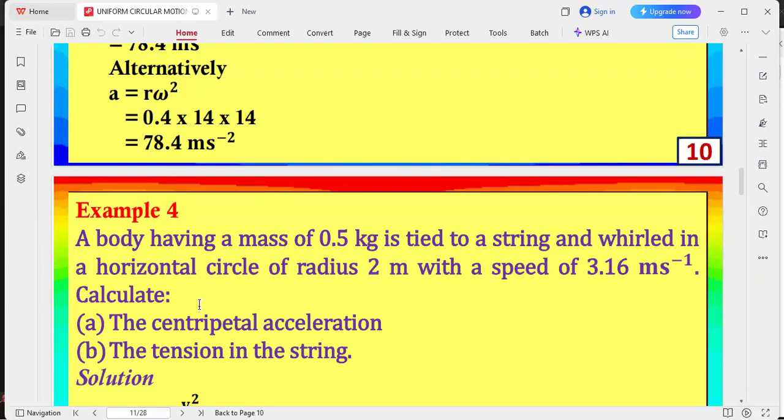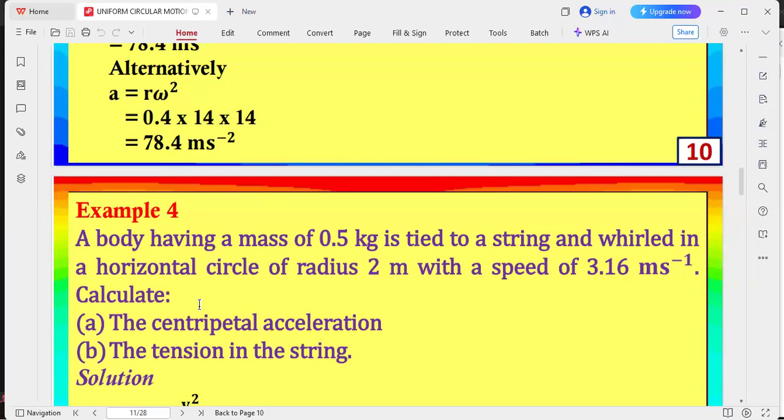Now, how do we calculate it? From Newton's second law, we know that F equals ma. And we've just learned that a is v squared over r.